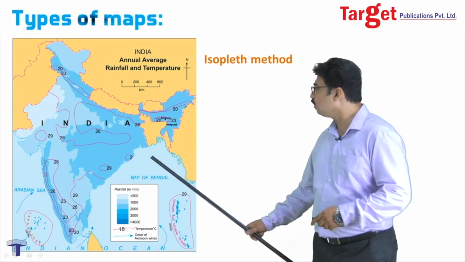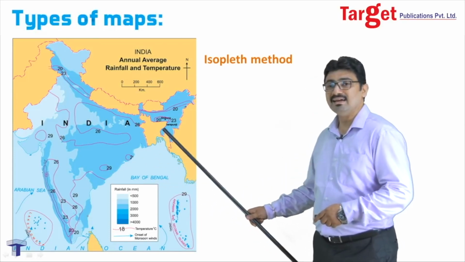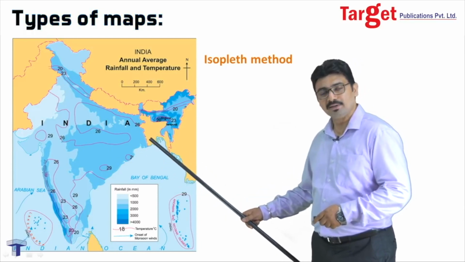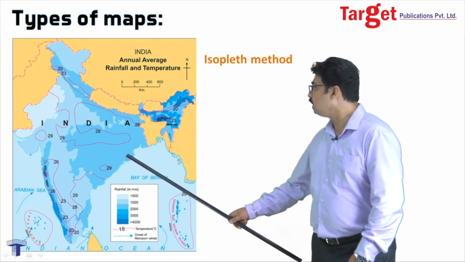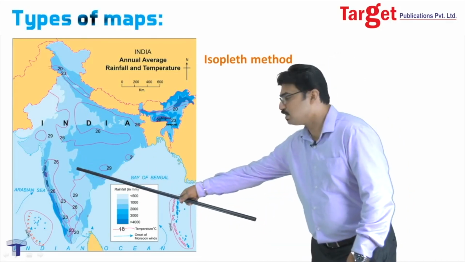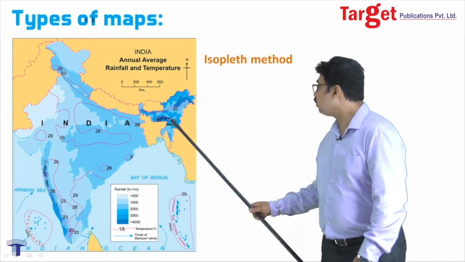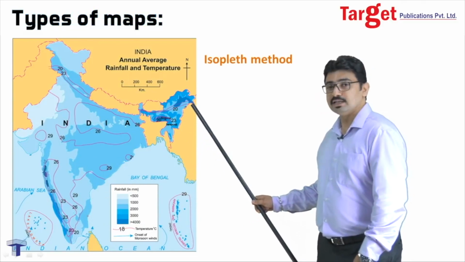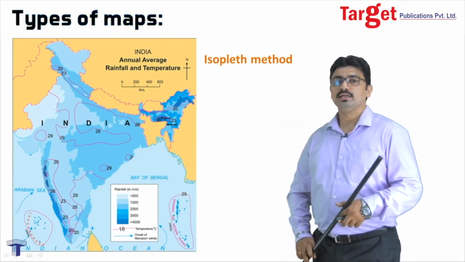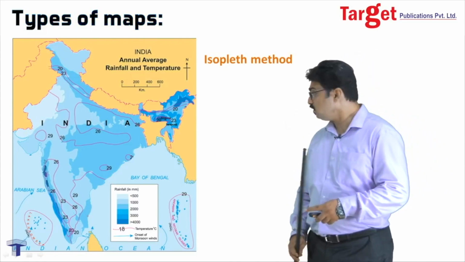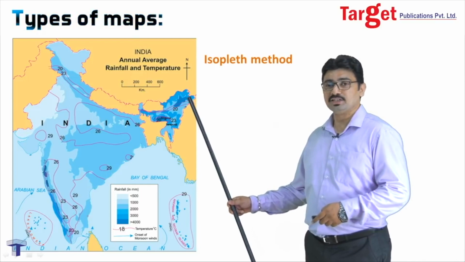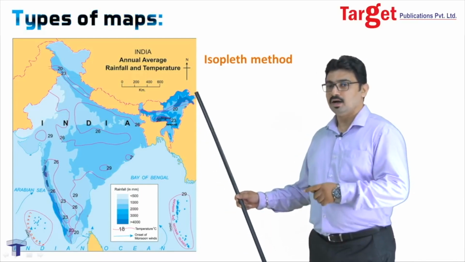The boundaries of these shaded regions indicate areas with the same measure of rainfall. As we see here, the highest rain is on certain regions on the western coast as also in the northeastern states. We all know that Cherrapunji records the highest rainfall in the entire world, which lies in the northeastern states of India.